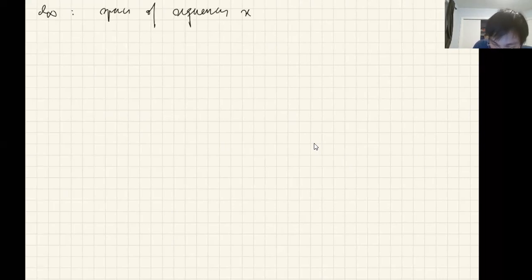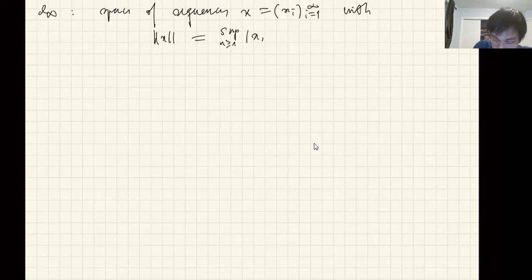So what is that? l infinity is the space of sequences x, which is xi for i equals 1 to infinity, and it's not a sum anymore. The norm of x is going to be the supremum over n of the absolute value of xn.